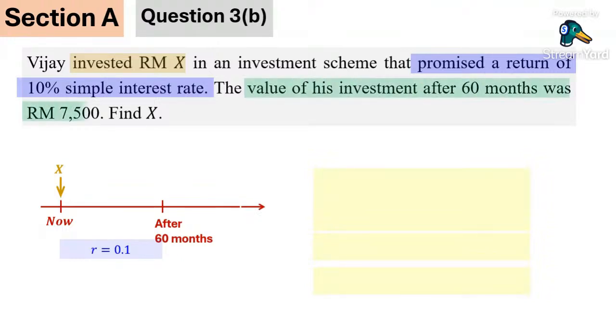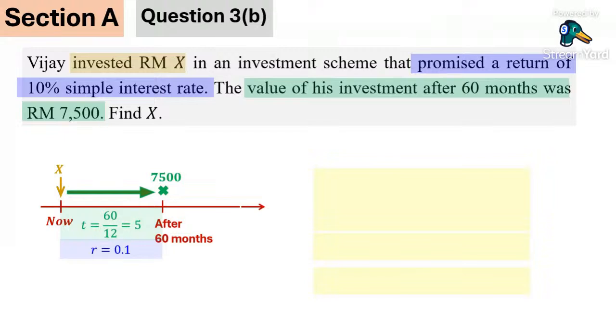And you were told that the value of his investment after 60 months is 7,500. At the end of the time, we got 7,500. Now find the value of X. So after we understand the situation, it happens like this: from X, it accumulates to become 7,500 and undergoes simple interest.